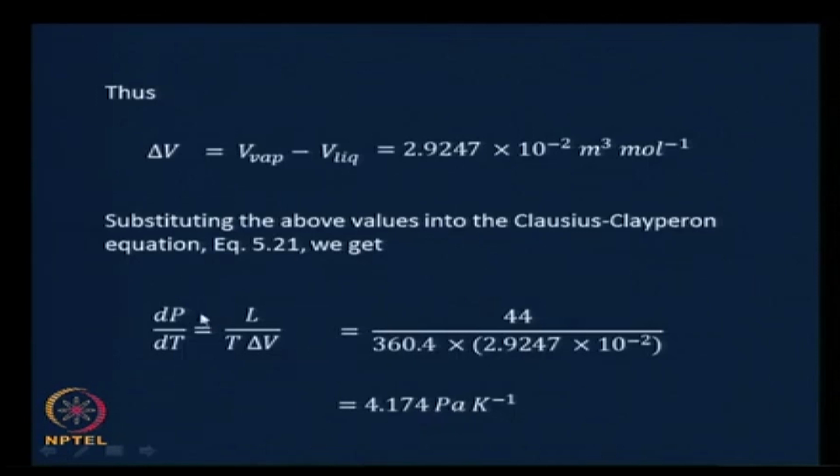So this is the amount of pressure for a unit change in temperature that is required to maintain equilibrium when this process is taking place. That is one of the interpretations of the left hand side of the Clausius Clapeyron equation.